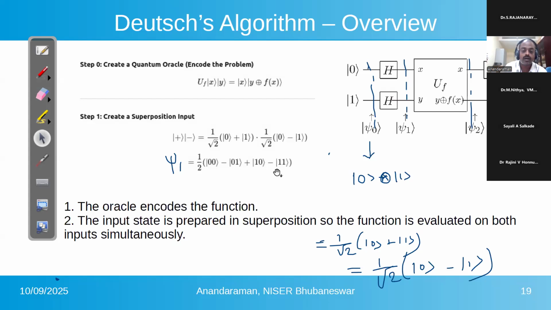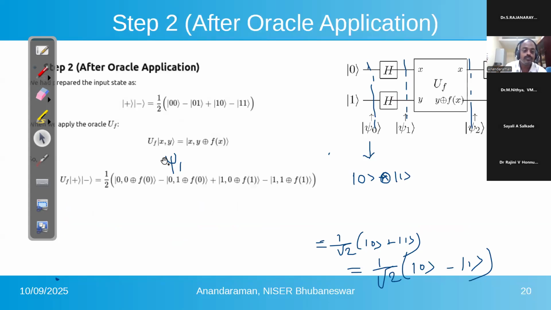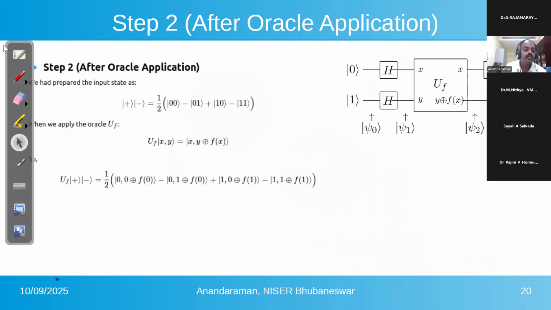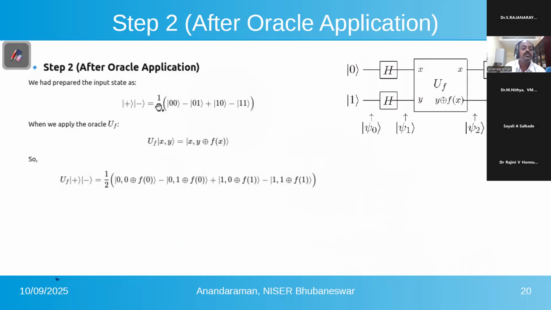Next, you are applying the oracle to this. So this is psi 1, the wave function changing like this, 1 by 2. Now we are applying the oracle function.